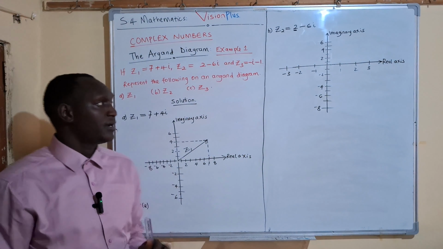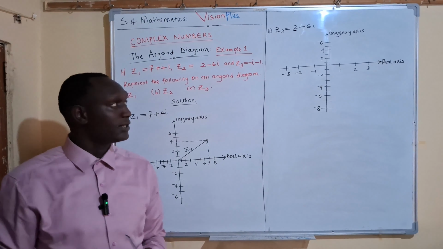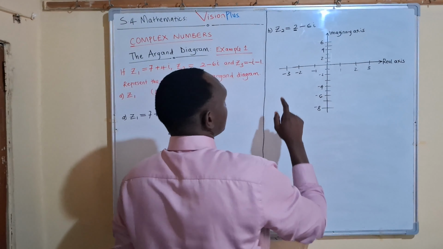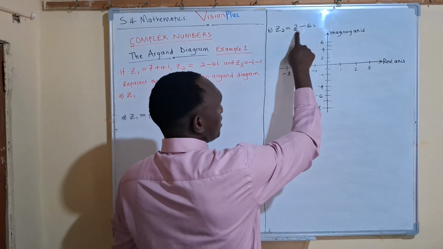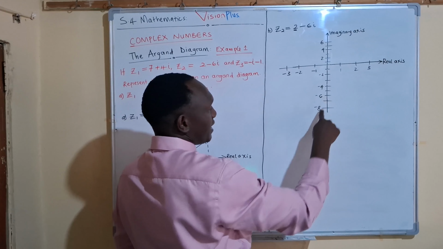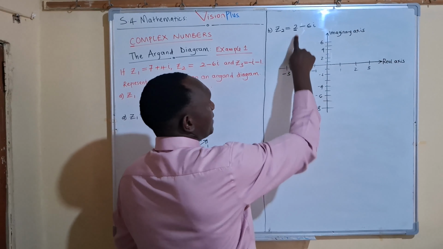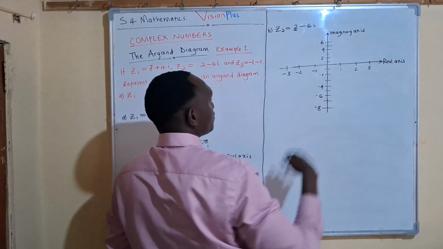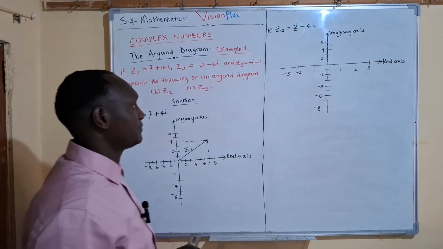So after labeling the axis, and you have made sure that it will accommodate the numbers you have there, because on the imaginary axis I've gone as far as negative 8, but on the real axis, since here we have 2, I have just made the one that will accommodate the values that I have.